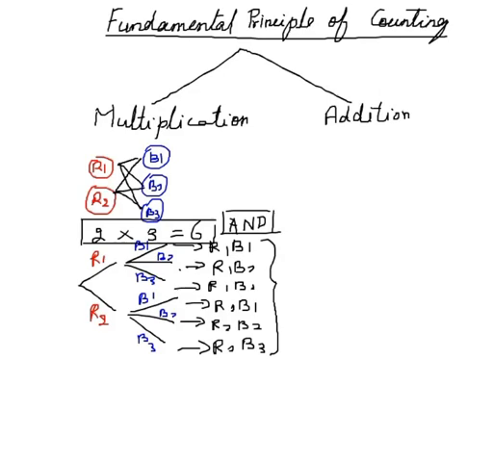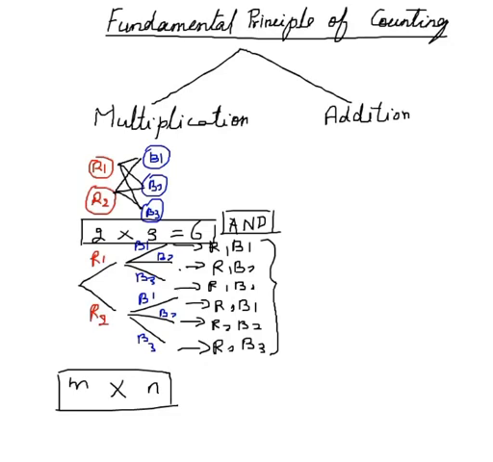Now see your textbook, page number 136. The fundamental principle of multiplication can be defined like this. If an event can occur in m different ways, following which another event can occur in n different ways, then the total number of occurrences of the events in the given order is m into n.